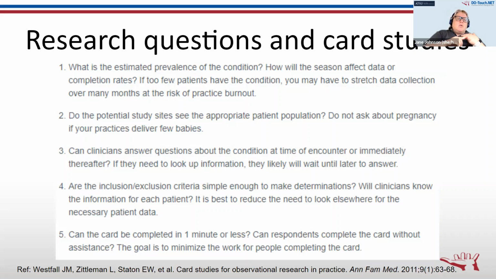Things like, what is the estimated prevalence for this condition? And are things that will affect the completion rate. So do you have enough patients in your network that have that particular condition that you want to study to make it able to be a short-lived study?